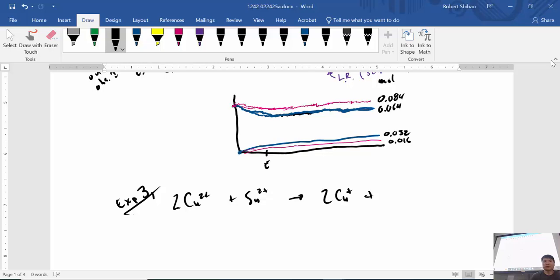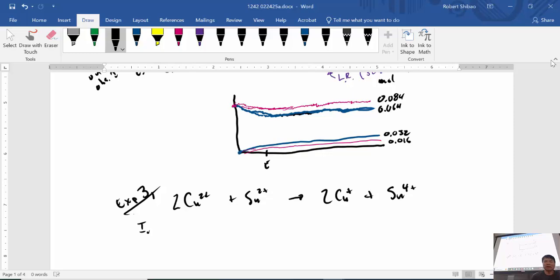Tin 2 is used as a reducing agent for lots of reactions because it's a pretty good reducer, meaning it loses electrons easily. If it's a good reducer, it gives the electrons, it loses electrons easily. And if somebody said copper 2 is a decent oxidizer, that means it takes electrons.